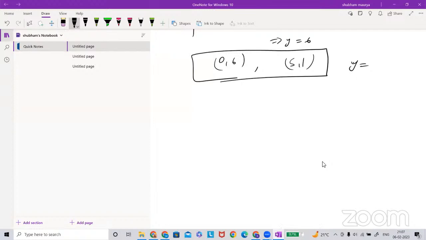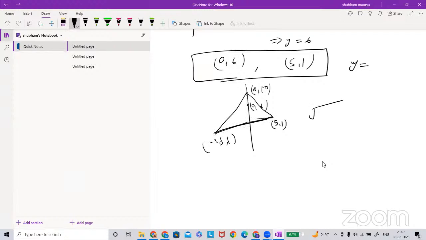Another way: the points are A (0, 10), D (0, 6), B (minus 2.5, 1) and C (5, 1). Just find this distance, using the distance formula. Suppose this distance is b. For the smaller triangle, the formula is 1 by 2 times height times base, and the height is 6.